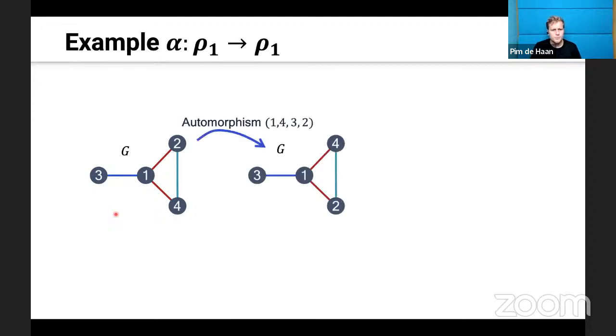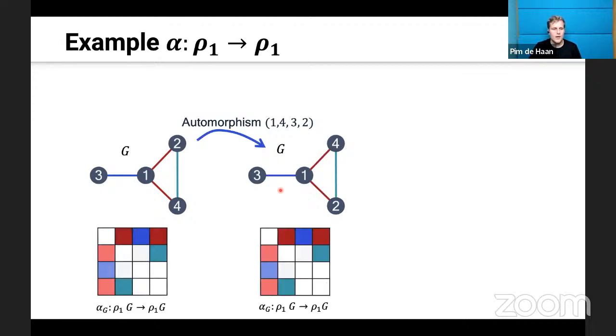Then if we have this graph, and we have an automorphism from this graph to itself by swapping node 2 and node 4. Now the component of the natural transformation for this graph, for simplicity, we only look at maps that map between adjacent nodes.